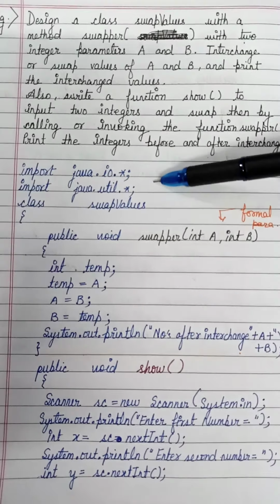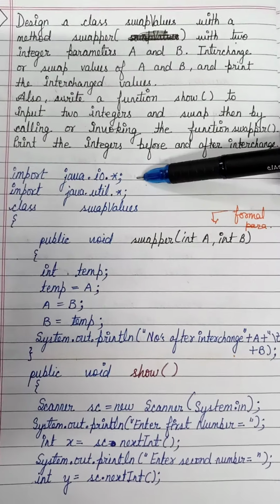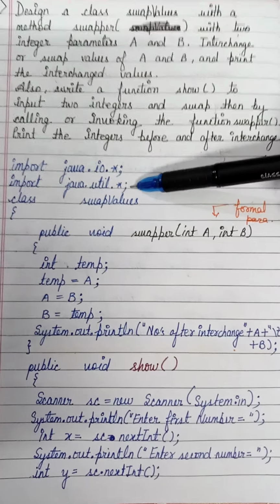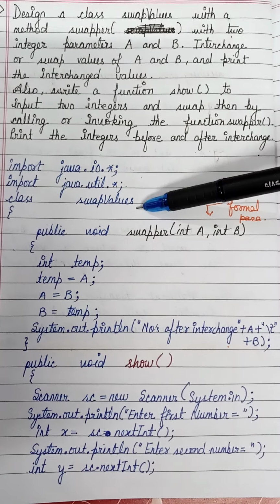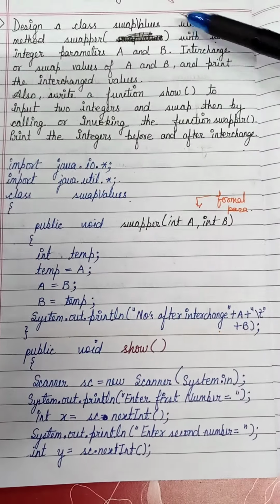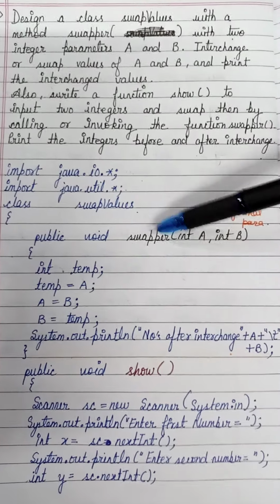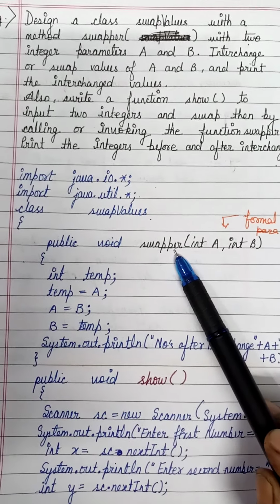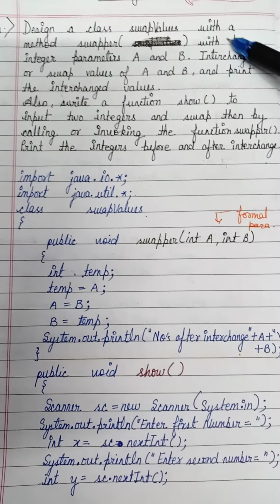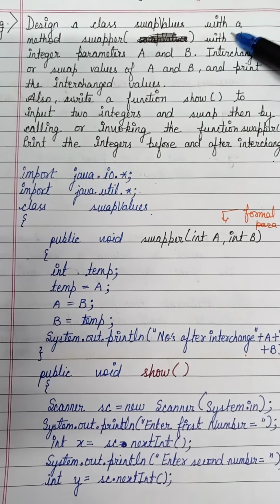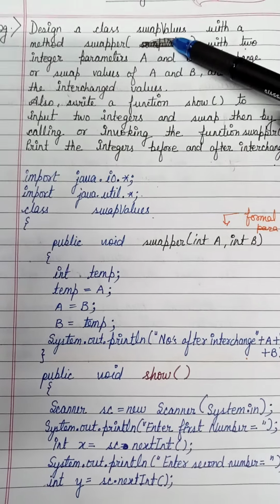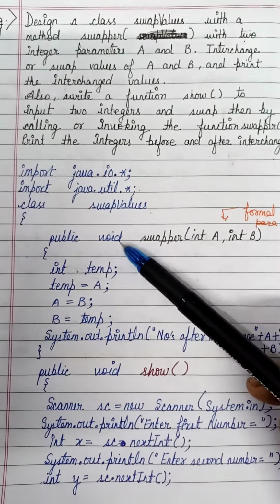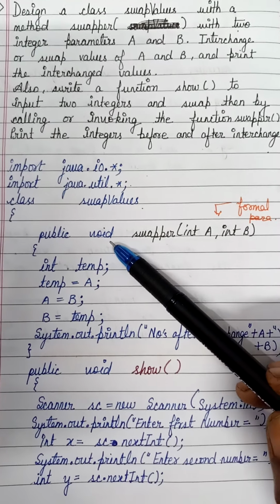Now the solution, we need to import the IO package and utility package. Then class SwapValues as given in the question. Then the first function swapper. This function is not returning any value. Nothing is mentioned about the return type of swapper, so the return type of the function will be void.